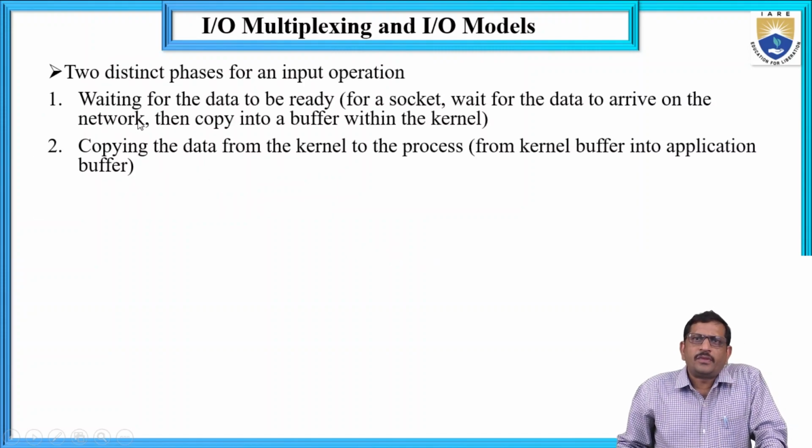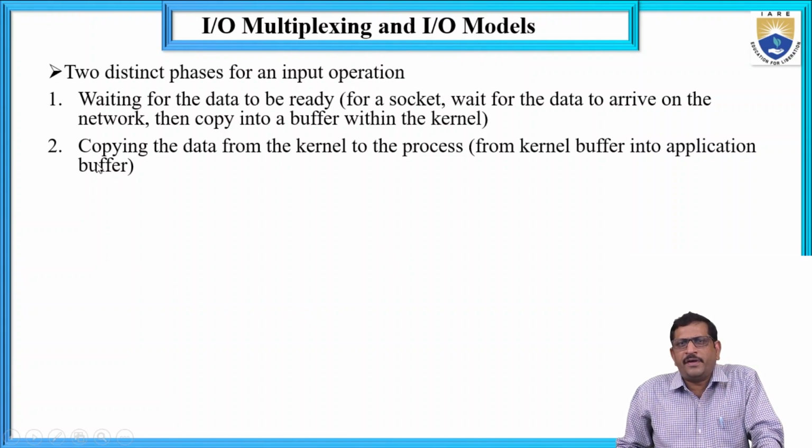There are two distinct phases for any input operation. The first phase is waiting for the data to be ready. That means we are waiting at the socket, at the client side and the receiver, the server. The receiver side means the server side sockets.